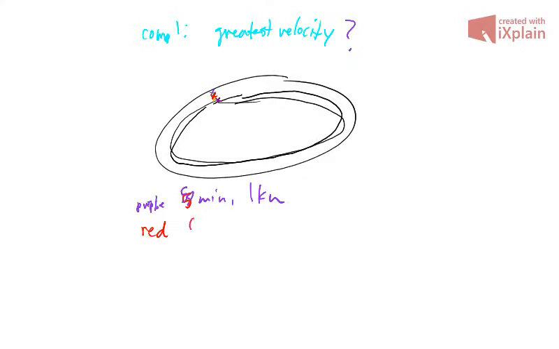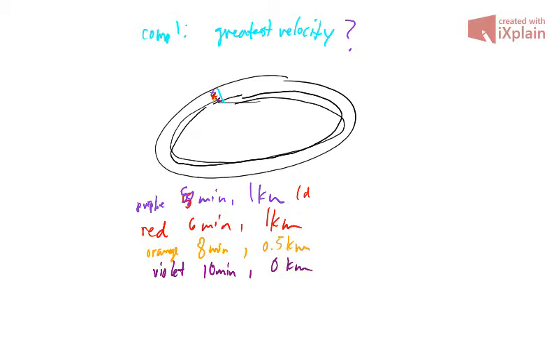And this one was 6 minutes 1 kilometer. These 1 kilometers are distances, that's around the track one time. Orange, 0.5 kilometers, 8 minutes. And the last one is this violet, 10 minutes, 0 kilometers.